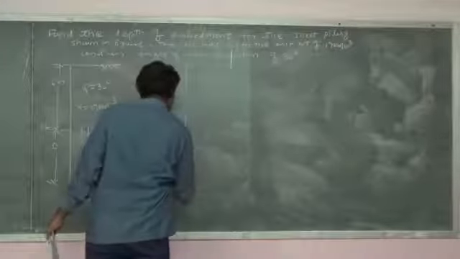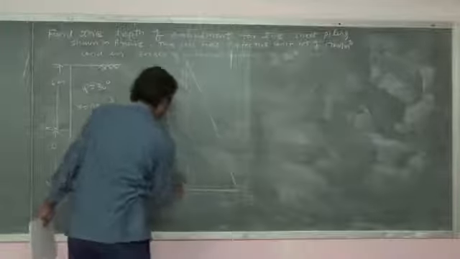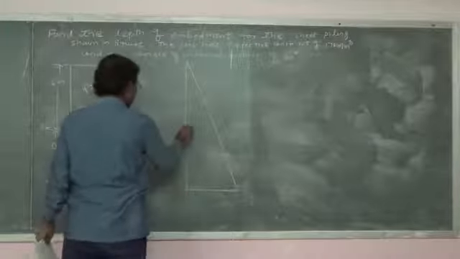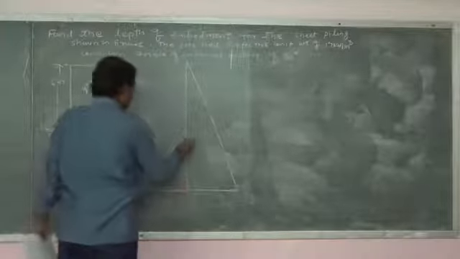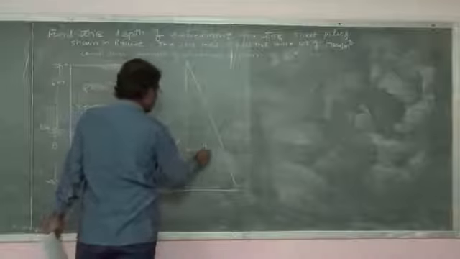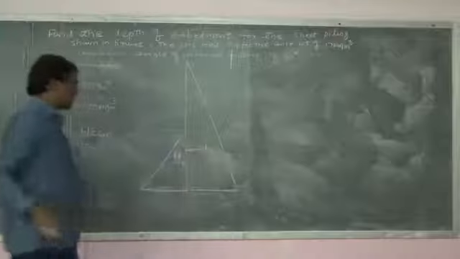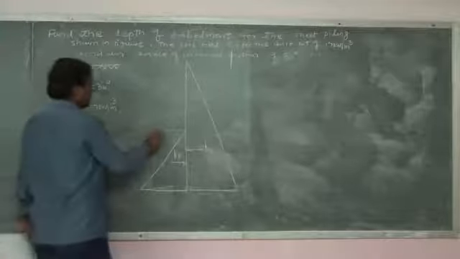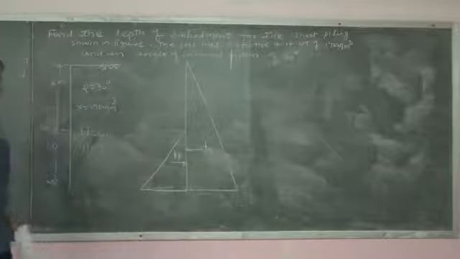Up to here, full bottom, we take active pressure, and at the dredge level we take passive pressure. So this is small pa, this is small pp, and this is the dredge level. This is the pressure diagram.